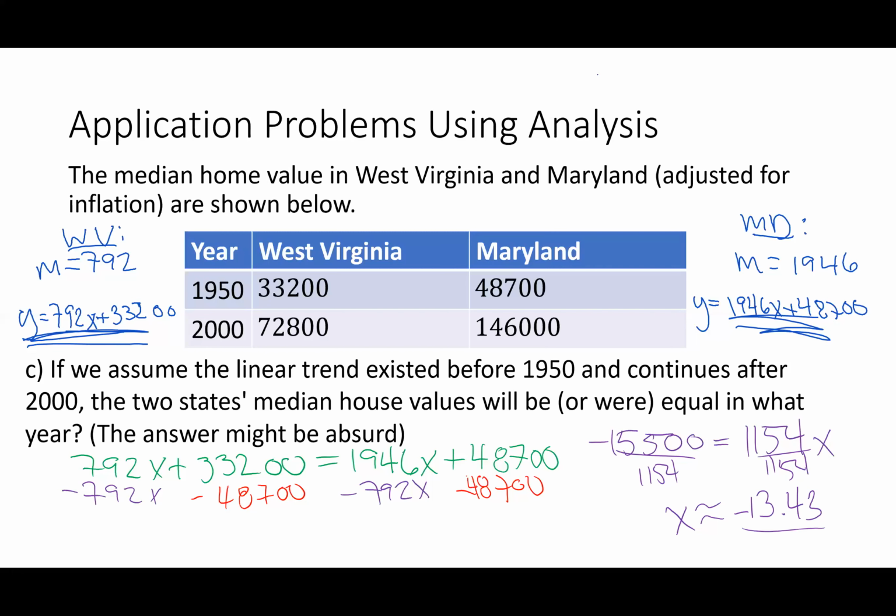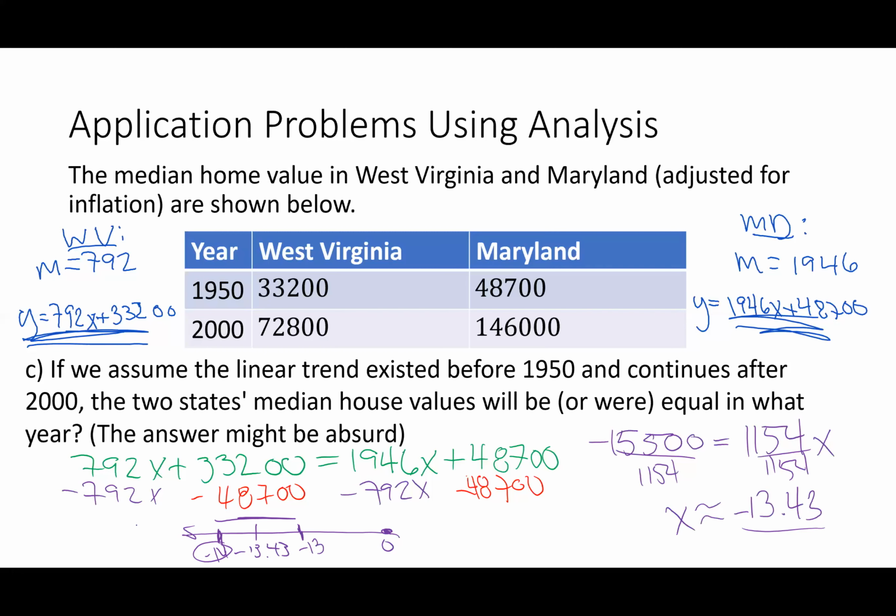So think about 0 on the number line. So 0's here, negative 13.43. We're only really looking for integer values because we want to know what year this was happening in. Okay, so we've got negative 14 and negative 13. So we would need to go with negative 14 because during this year is when it happens.